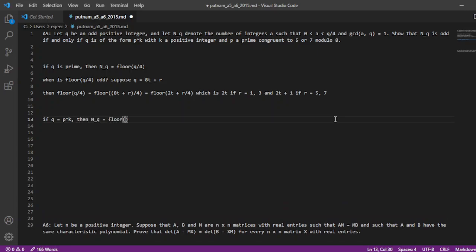So I think this is also going to be true. So it's going to be Q over 4, except we're going to subtract the things. This is originally what I wrote, but we're just going to divide by P. So we're subtracting the multiples of P, basically.